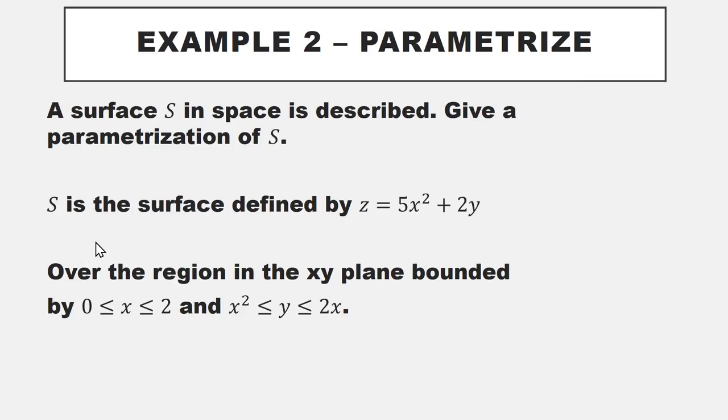Now, when we do a parameterization, we want numerical bounds for our u's and v's. So it's going to be a little bit of an issue. We're going to have to figure out how to parameterize when we don't have necessarily all numerical bounds.